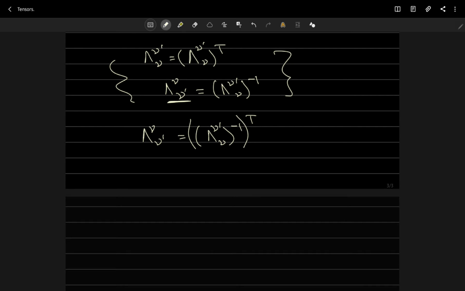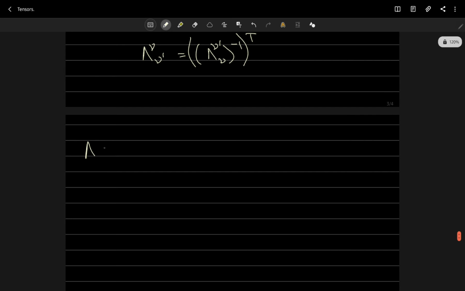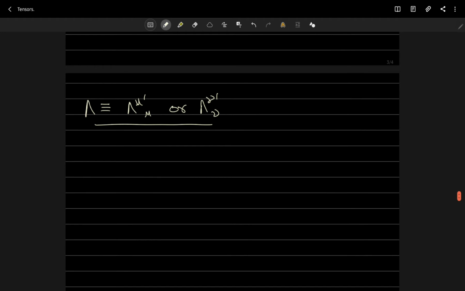So then we can say that lambda, simply lambda, is equivalent to lambda mu prime mu or lambda nu prime nu. If we can do this, which we can, then we can write down that lambda and the tensor in between, lambda transpose, something like this, would simply be the transformation of your tensor t prime, right?